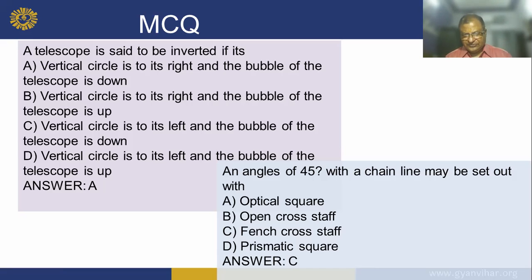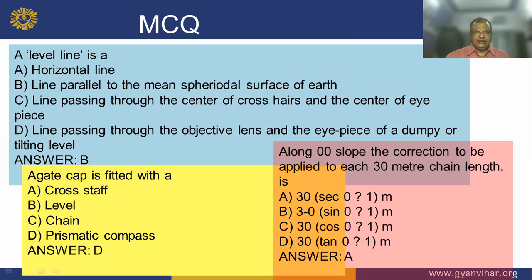An angle of 45 degrees with a chain line may be set out with. Correct answer is C, French cross staff. And the next question: a level line is horizontal or vertical? Correct answer is B, a line parallel to the mean spherical surface of the Earth.